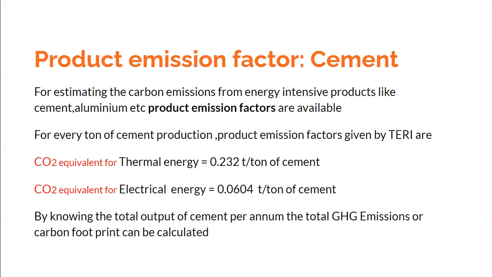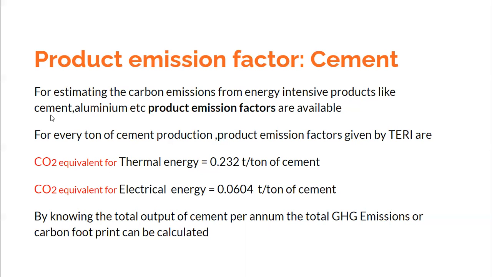For example, one such value is listed over here, and that value is the CO2 equivalent for thermal energy from a cement unit, which is 0.23 tons per ton of cement, and the same cement industry would require electrical energy for which the CO2 equivalent comes out to 0.06. All in all, that is 0.23 plus 0.06, and that total would be the total product emission factor when one talks of a cement production facility.